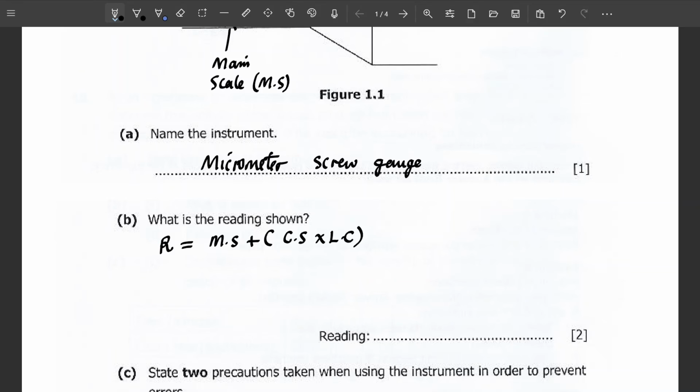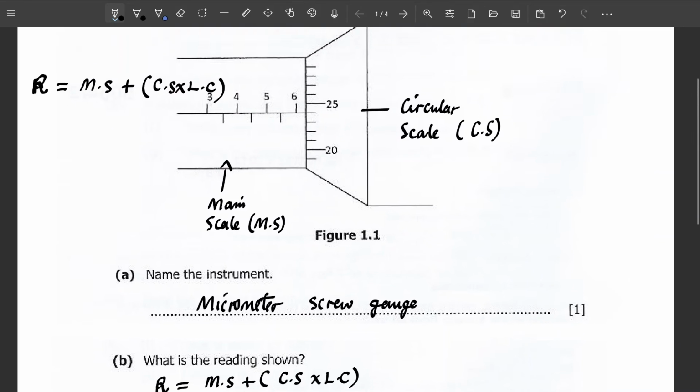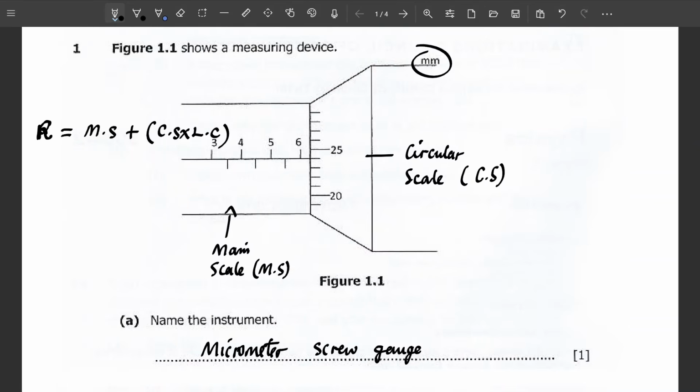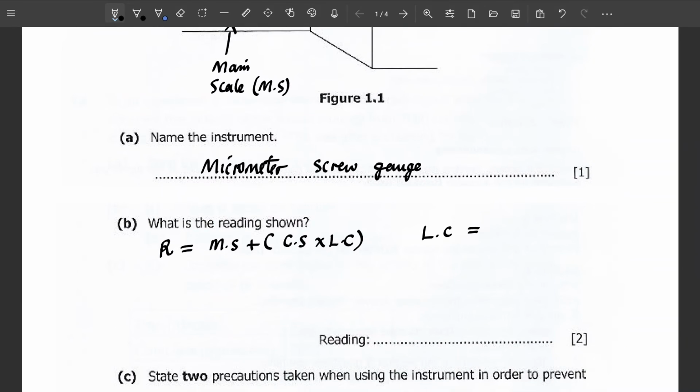Least count, which is the LC, is the smallest dimension that an instrument is able to measure accurately. For a micrometer screw gauge, least count is a standard value. If it is in millimeters, as it is here, the least count is 0.01 millimeter. It is a very small dimension.